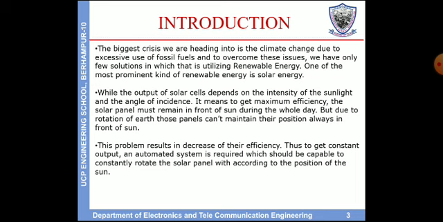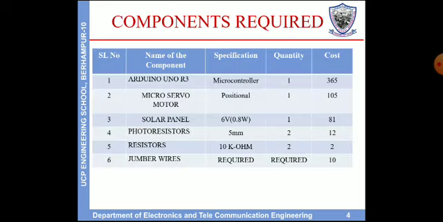Thus, to get constant output, an automated system is required which should be capable of constantly rotating the solar panel according to the position of the sun. So in this project we are going to develop that automated system.